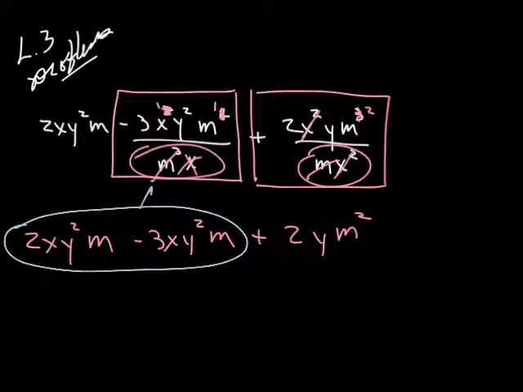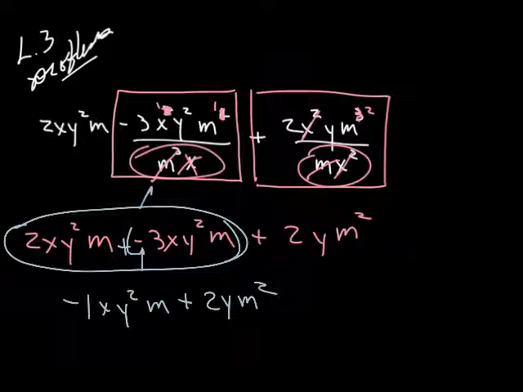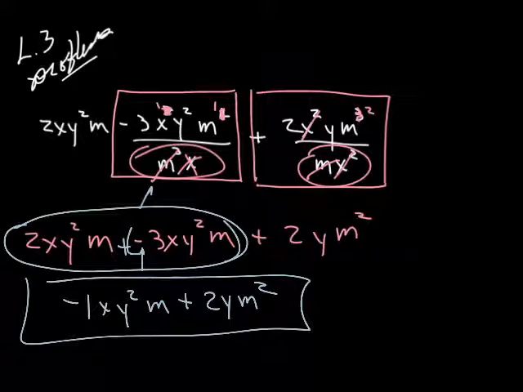So I'm going to make this a plus negative. So then all I have to do is take the difference between the two, which is 1. Sign of the largest is negative, and x, y squared m. Okay, plus 2ym squared. And that is as simplified as I can go for number 16.